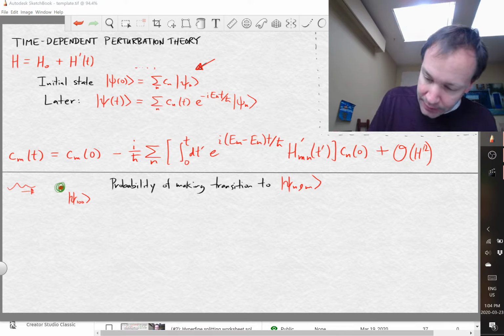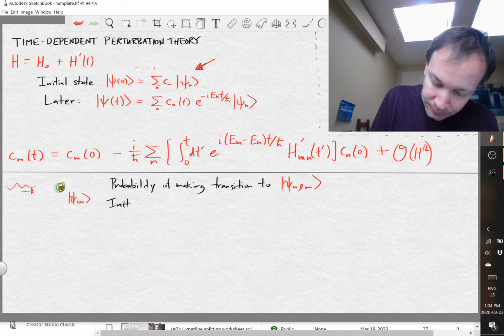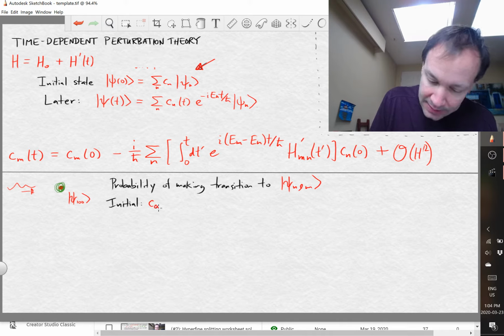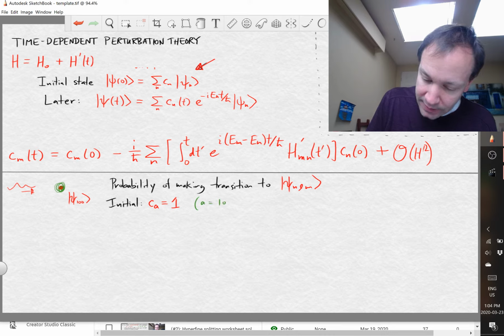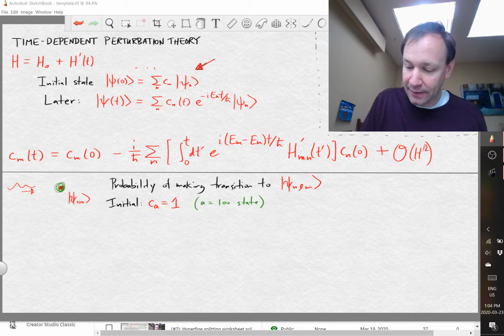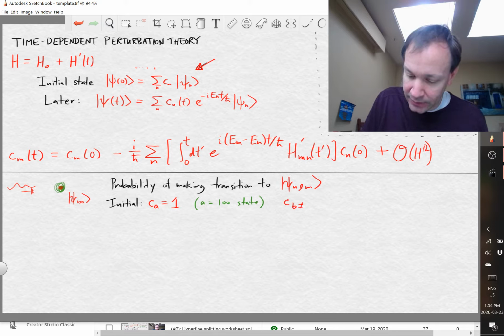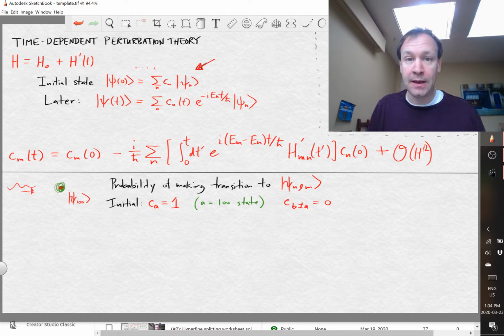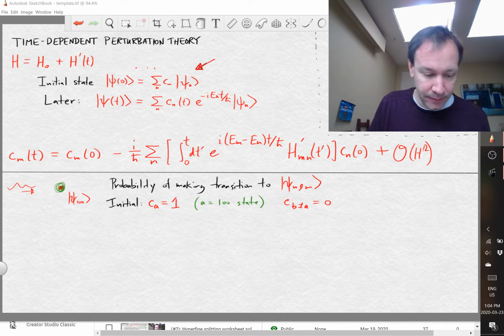So in this case, what we have is c a equals 1, where in our example, a is the 100 state. And we have c for b not equal to a, so for all the other states, that would be equal to 0. And now what I want to know is, after time t, what is the probability that we're going to be in some other state b?